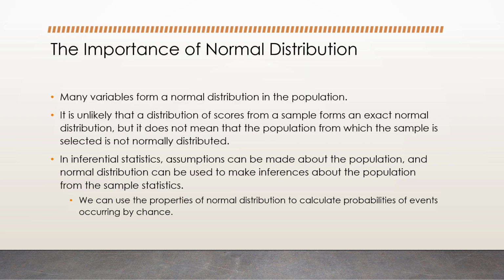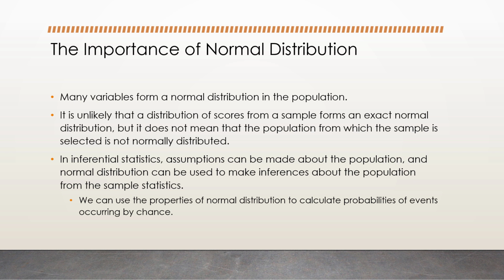The three characteristics of a normal distribution make it very useful for describing the distribution of variables that approximate normality. We admit that a distribution of scores collected from a sample is unlikely to be an exact normal distribution.